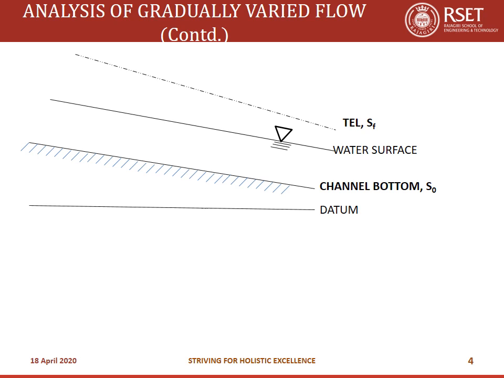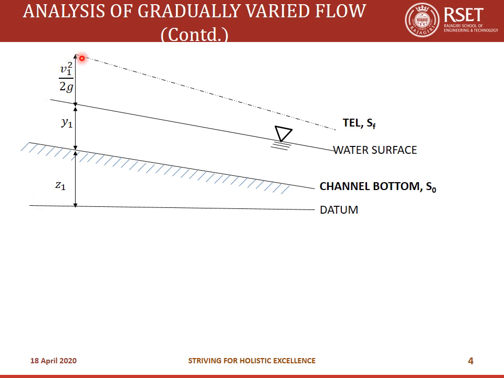Now I'm going to take the depth. Z1 is the distance from the datum to the channel bottom. Y1 is the distance from the channel bottom to the water surface, and V1 squared by 2G is the distance from the water surface to the total energy line.